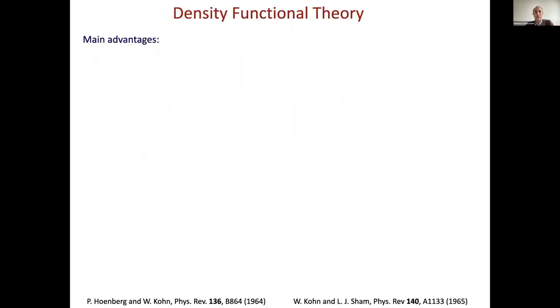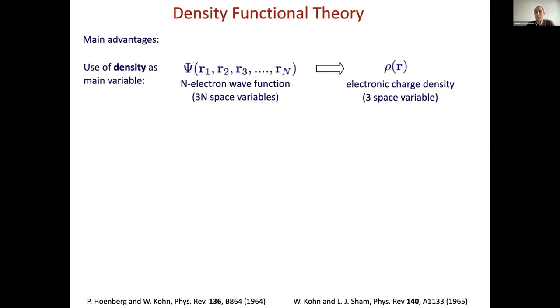Okay, so let me start by discussing very briefly some fundamentals of density functional theory. We can say that the main advantage of using density functional theory instead of solving the many-electron Schrödinger equation, way too complicated for us to solve, is the fact that we can rewrite everything, at least if we're interested in ground state properties, in terms of the electronic charge density, rather than using the many-body wave function.